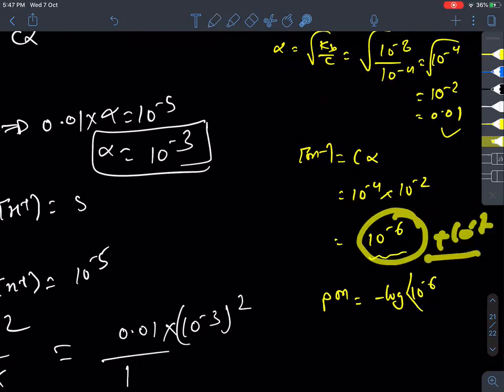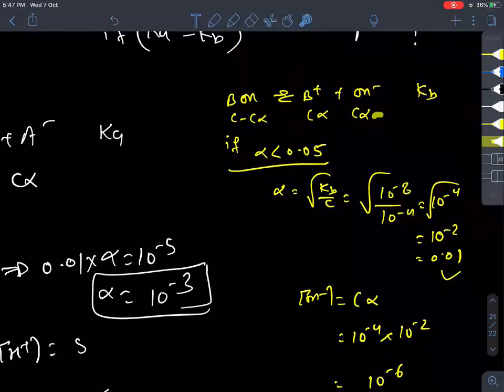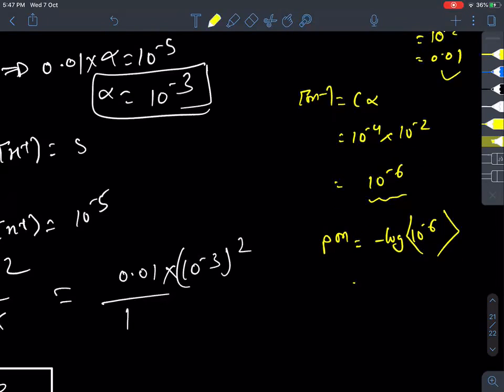Technically you should solve the equation by considering water also, but I don't want to make it lengthy. So if it is asked as a subjective question, then the answer will be close to 6. pOH will be close to 6.